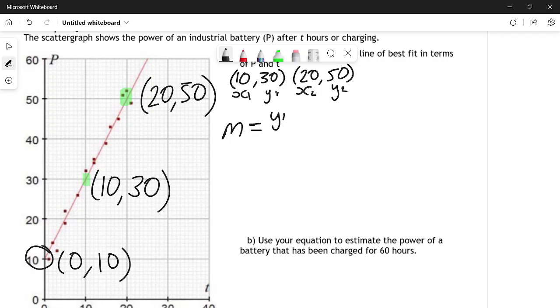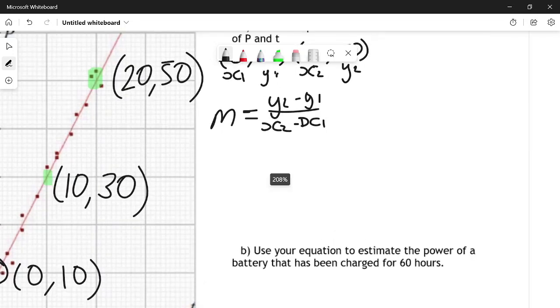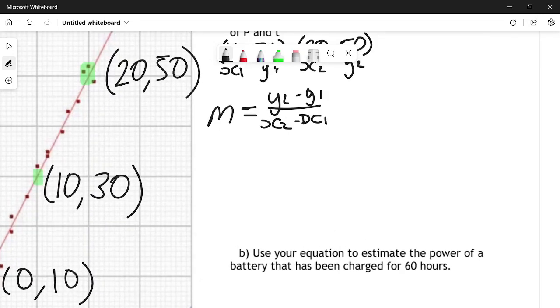So you just need to be careful with your numeracy skills here. So we've got y2 minus y1 over x2 minus x1. So y2 is 50, take away 30, over 20 minus 10.